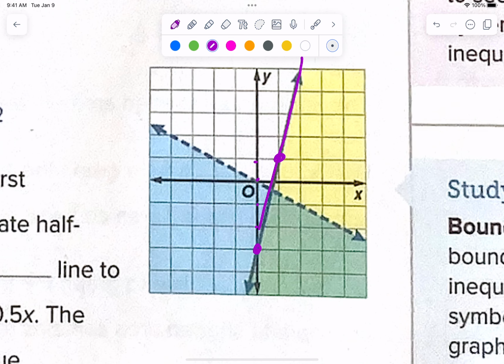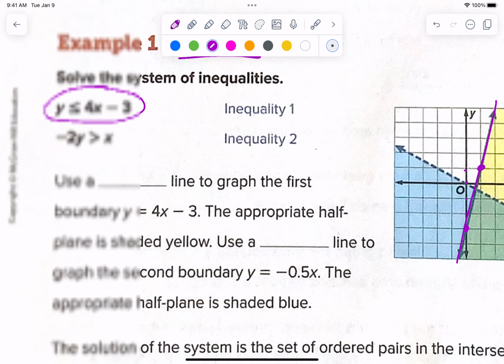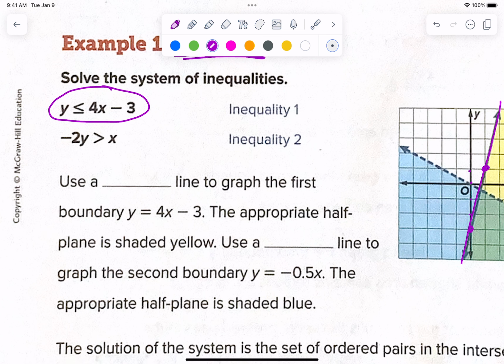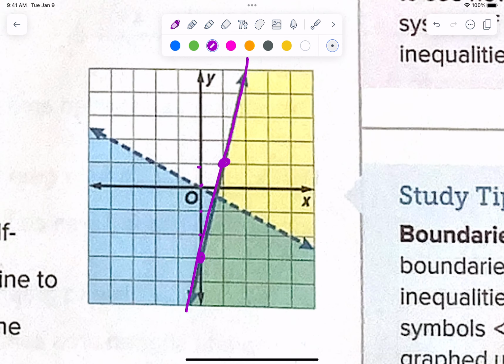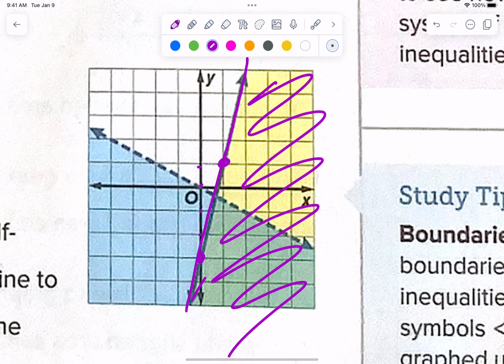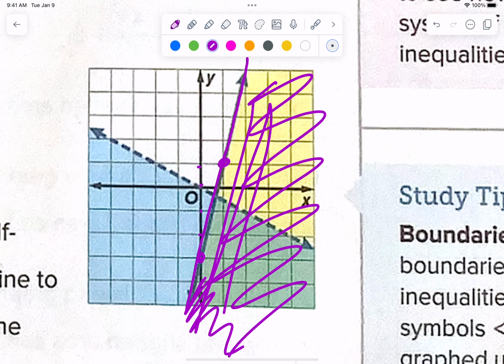And it is a solid line, right? Why is it a solid line? Equal to, okay, so it's a solid line, and then less than. If I'm shading less than, I'm shading below, but which direction is below that line? Below on the y-axis, so it's going to be like the right side. So that's what we've shaded for that first one, okay?